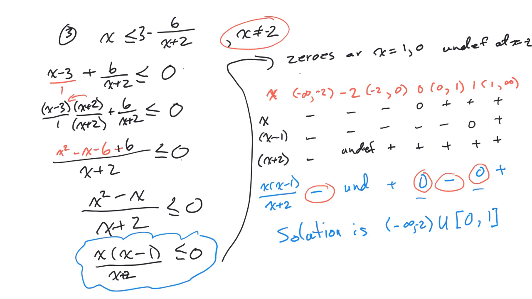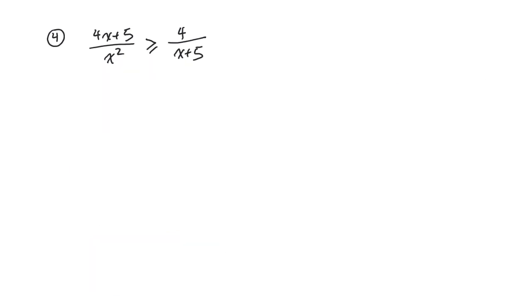So just quickly take stock of what you see, and then we'll move on to the next lesson. So for this basic equation, you'll notice you have 4x plus 5 over x squared, which is greater than or equal to 4 over x plus 5. One of the things that you need to basically tell me right away is what my undefined values are.